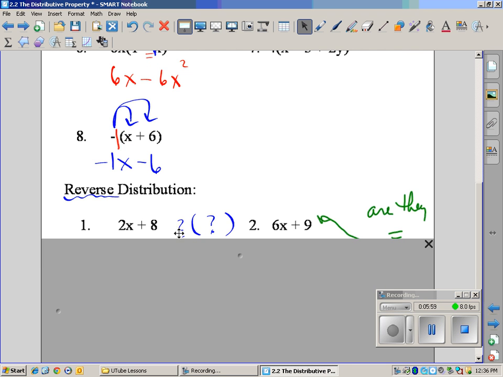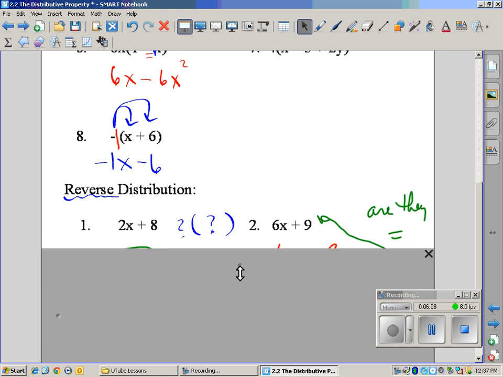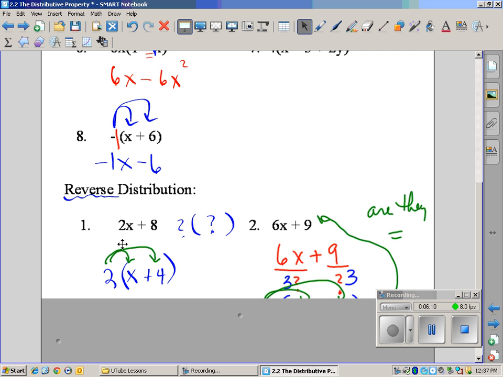So we ask ourselves, okay, what would be on the outside that I could take away from each one of these terms so that when I multiplied back, I'd end up with 2x plus 8. So we might ask ourselves, what could we divide 2x plus 8 by?